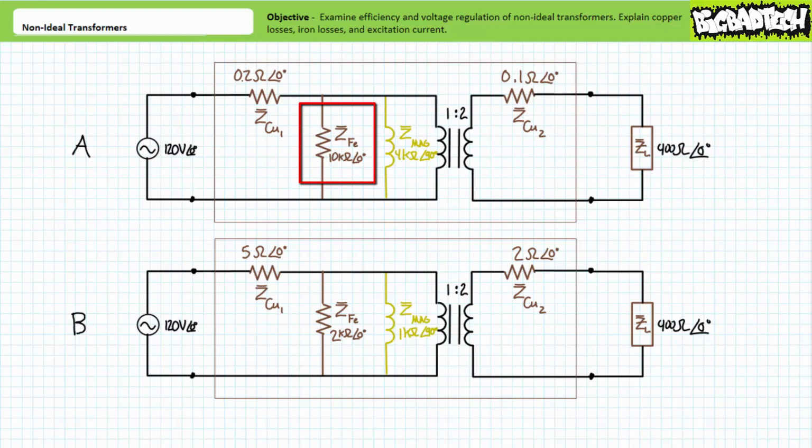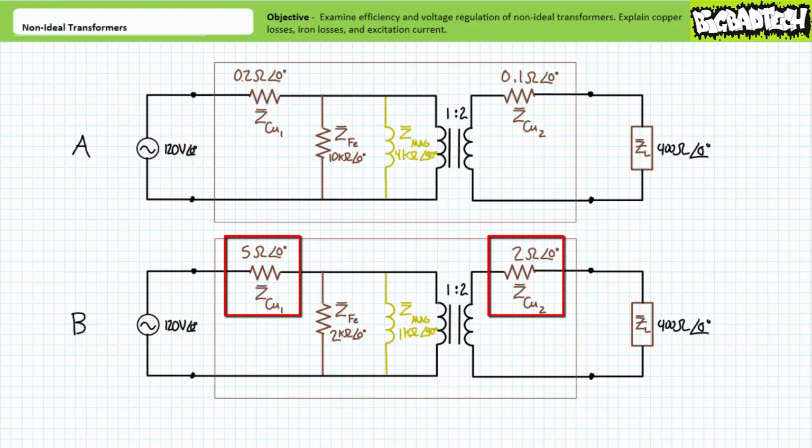Additionally, the parallel resistor accounting for iron losses associated with eddy currents has a larger magnitude, meaning it presents less of a leakage path, and as a result, less power will be wasted. Finally, the parallel inductor accounting for both magnetizing current and hysteresis also has a larger magnitude, and as such will draw less current, meaning Transformer A necessitates the consumption of far less reactive power to operate than Transformer B.